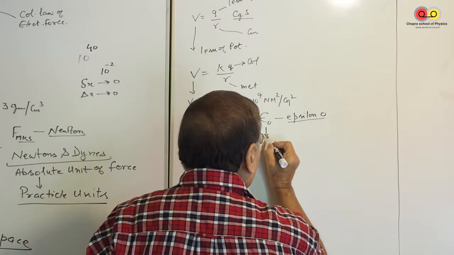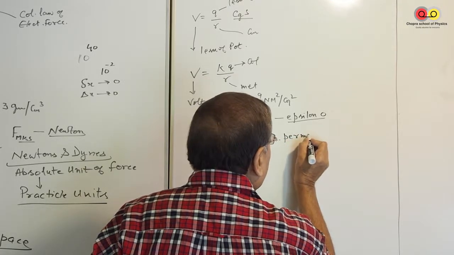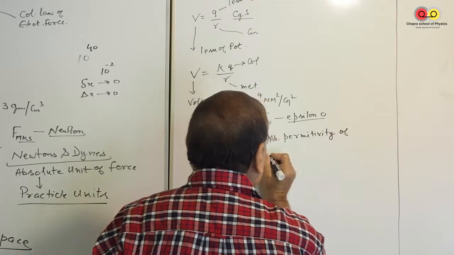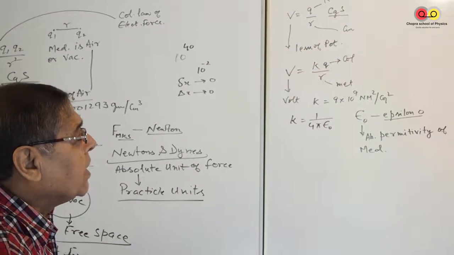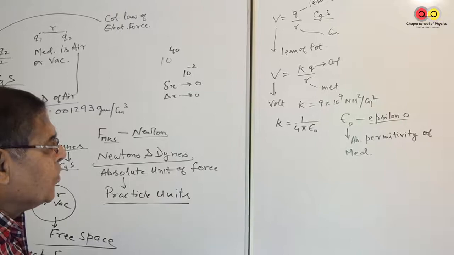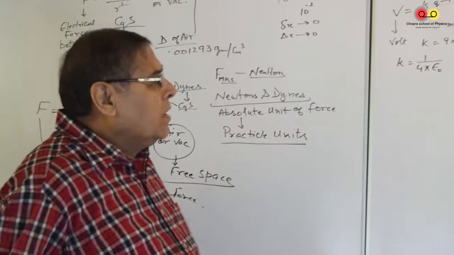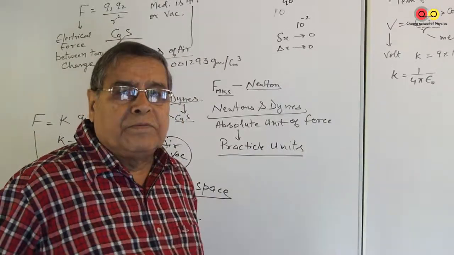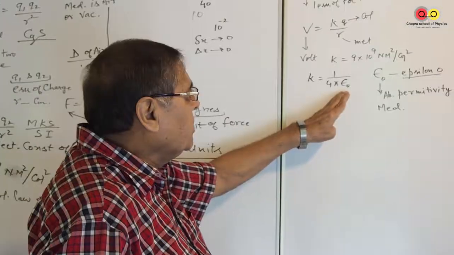This is called absolute permittivity of medium. In our coming videos, I will elaborate the concept of permittivity and permeability, and then we will explain how to get the formula of the velocity of light, like how to get the formula of electromagnetic waves. So K is 1 by 4 pi epsilon naught.